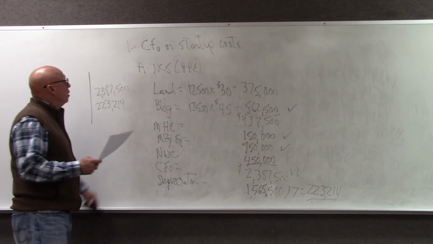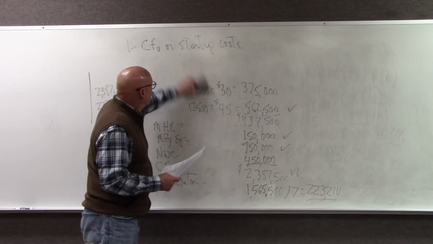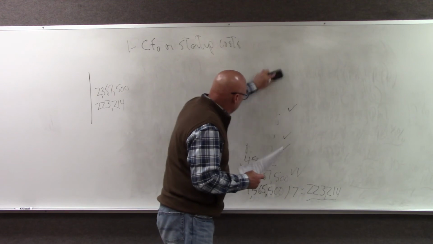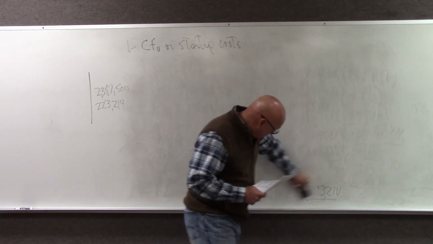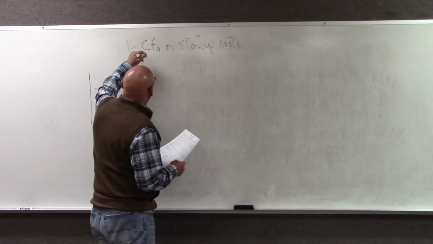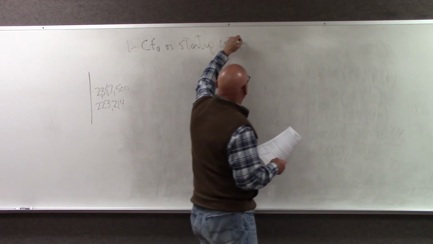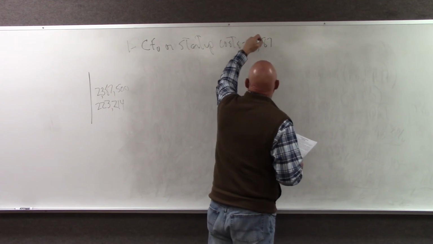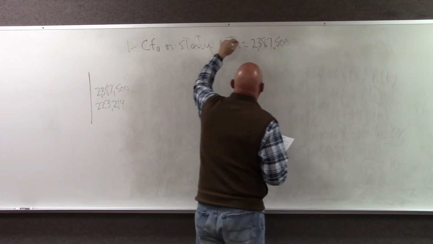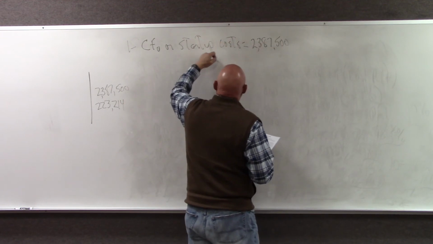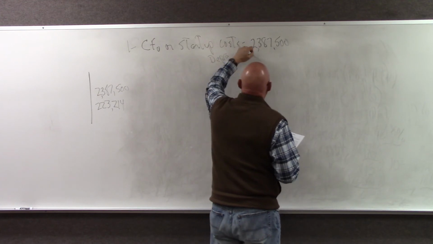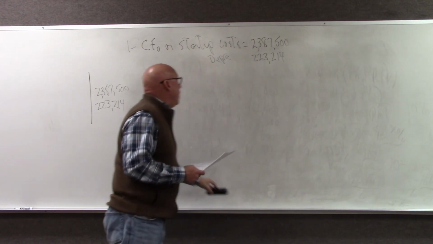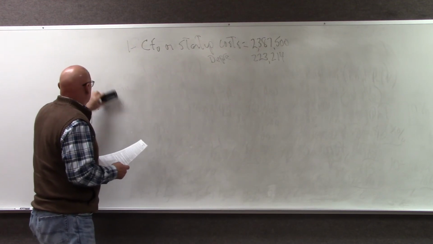So let us erase this, and let's write this down. So CF0 is equal to 2,387,500. And our depreciation is going to be 223,214. Okay, now, number 2.